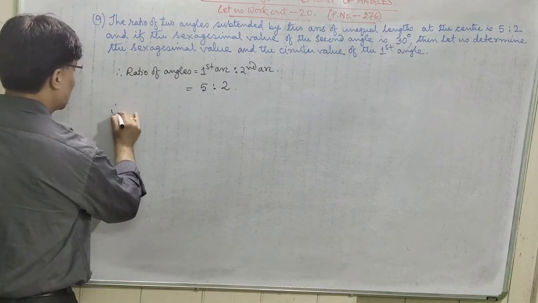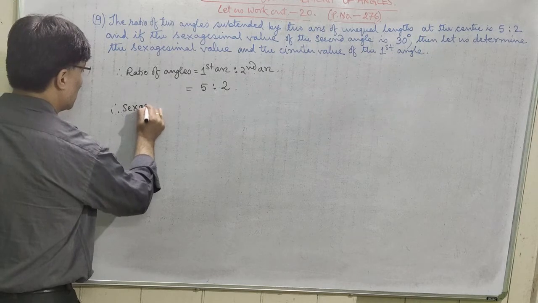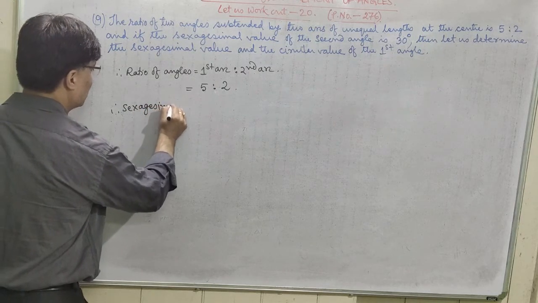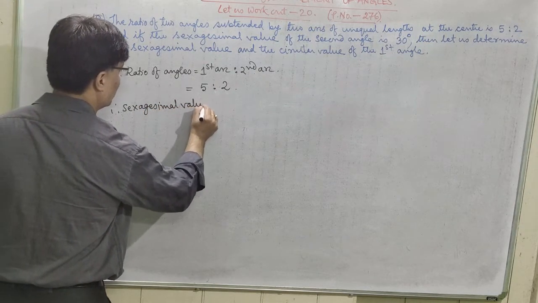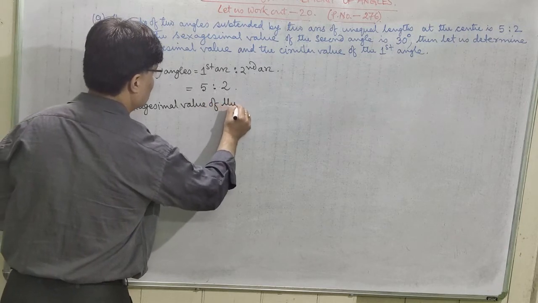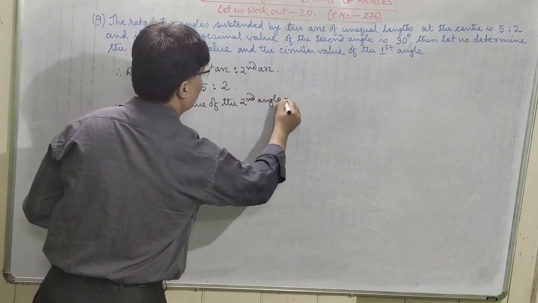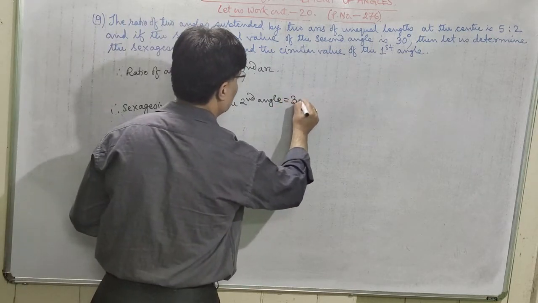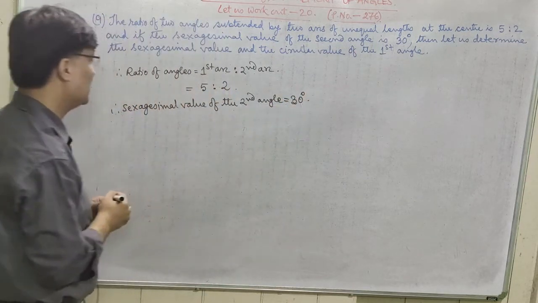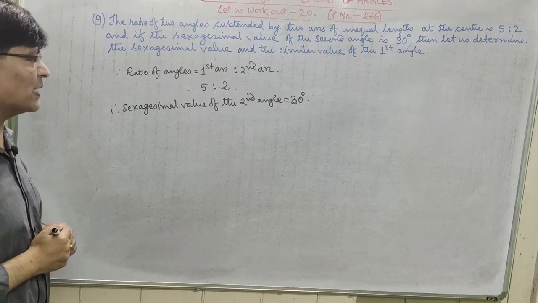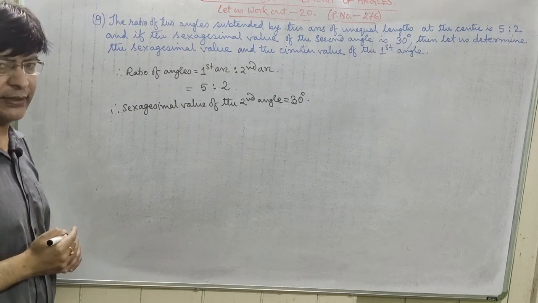And now what is the sexagesimal value of the second angle? The sexagesimal value of the second angle is given as 30 degree.